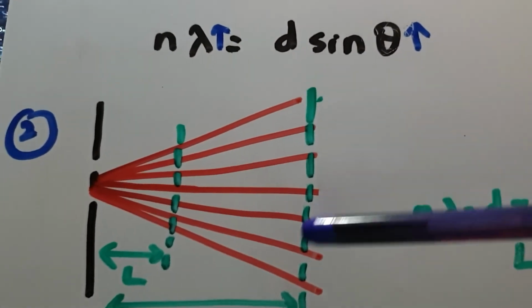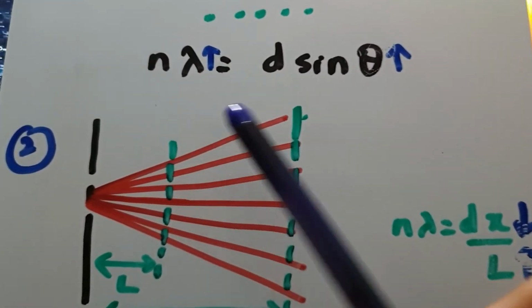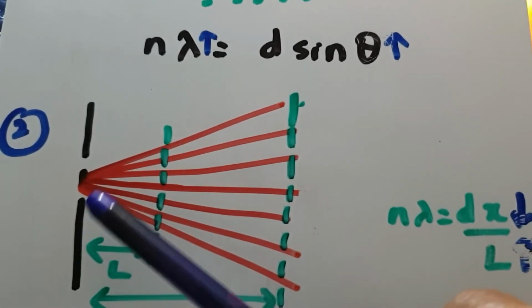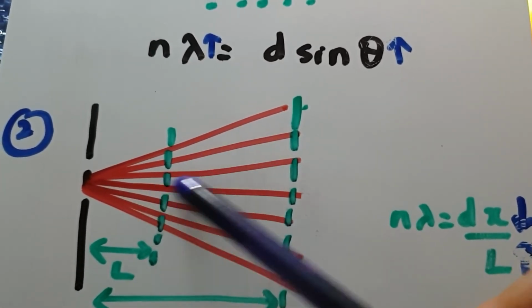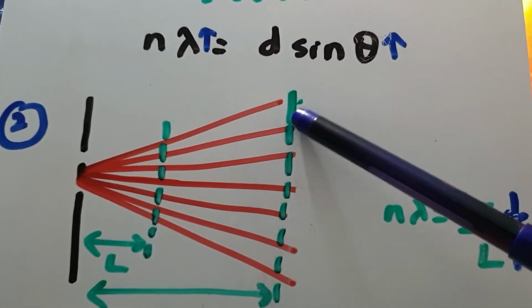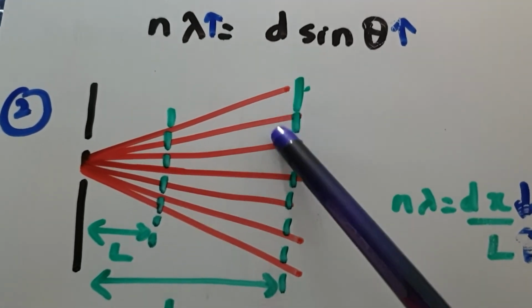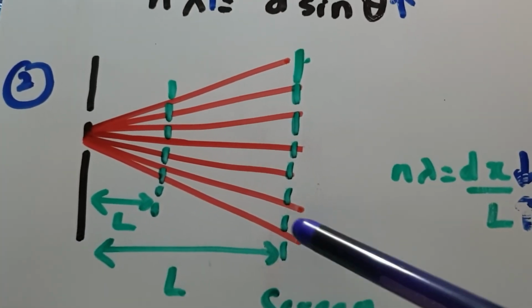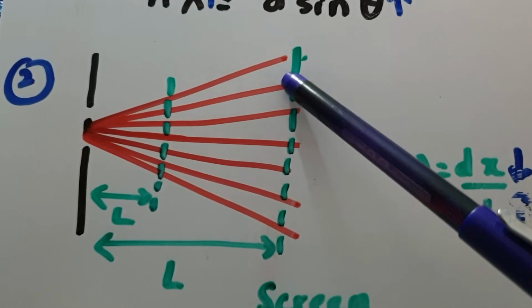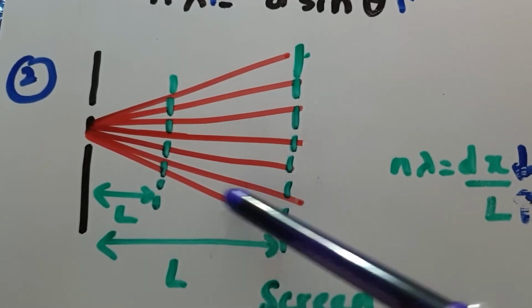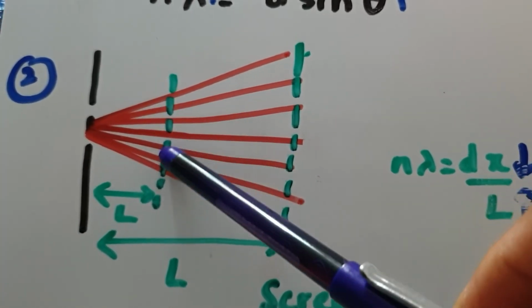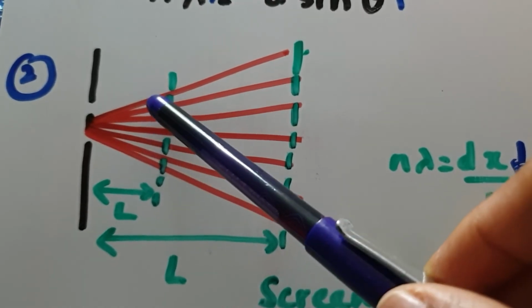And the other thing is, what happens if you bring the screen closer? This is just how the light travels to form the fringes. If the screen is far away, that means if L is very long, you can see that the fringes are far apart. But if you bring the screen really close, then the fringes are close together.